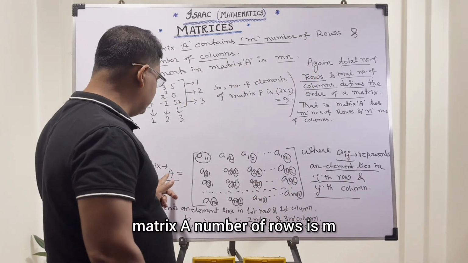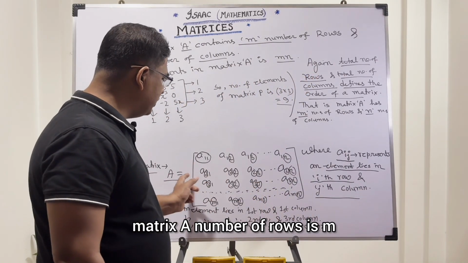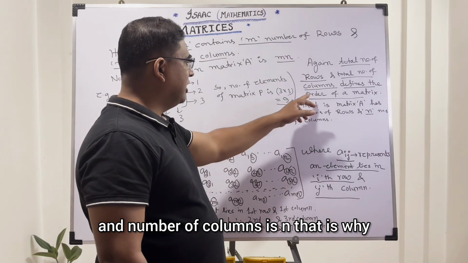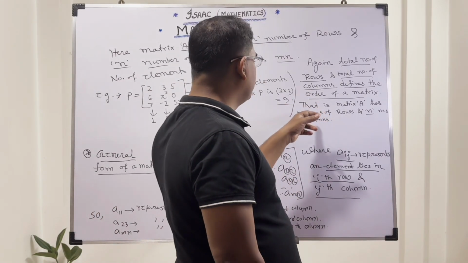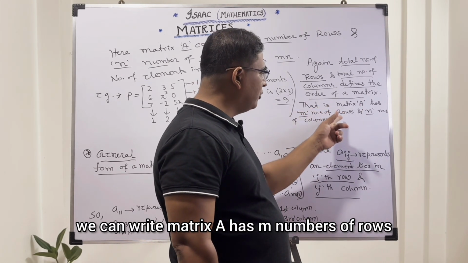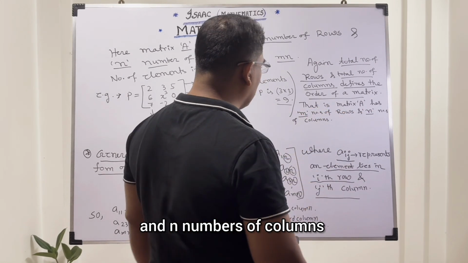In matrix A, number of rows is m and number of columns is n. That is why we can write matrix A has m numbers of rows and n numbers of columns.